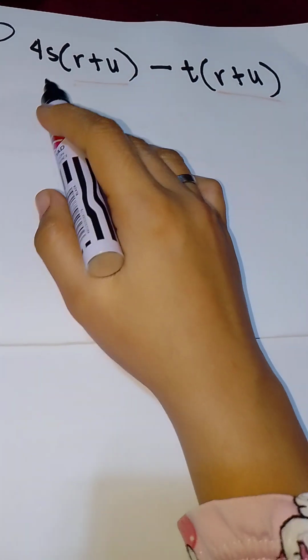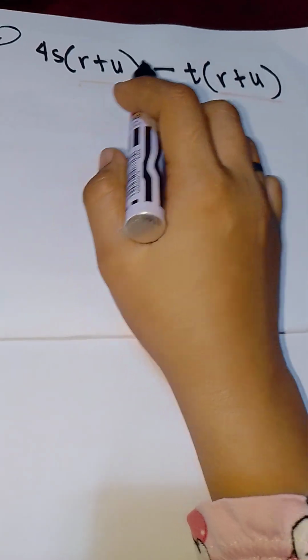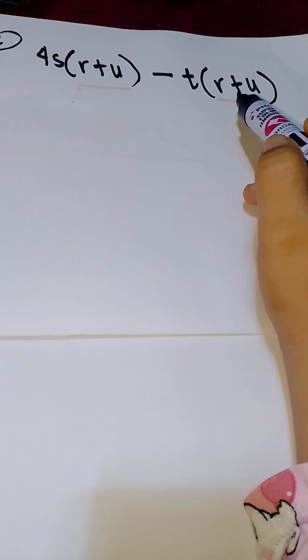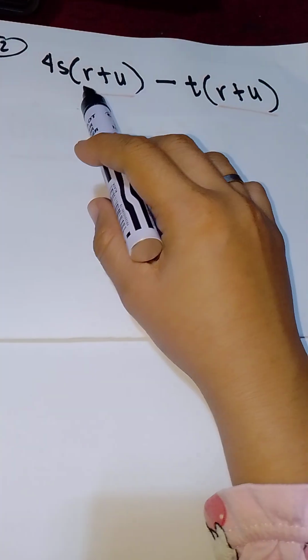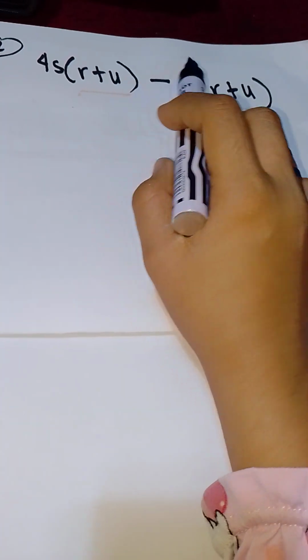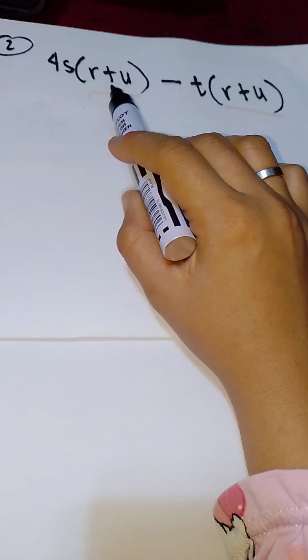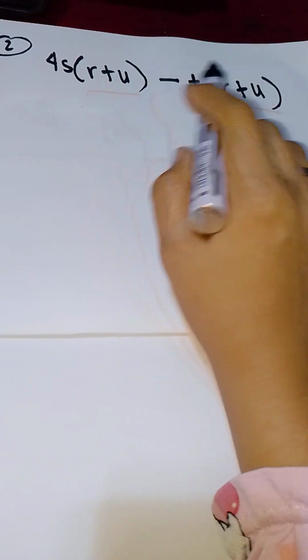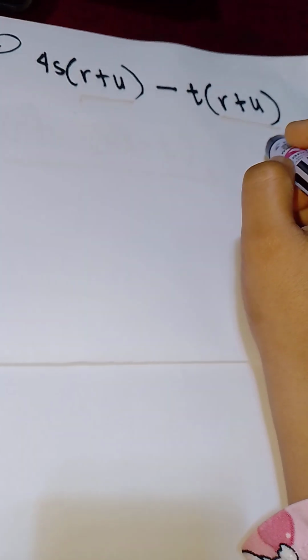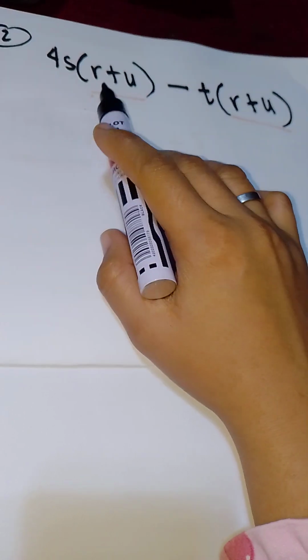Next example, now let's have another example. 4s multiplied to r plus u, minus t multiplied to r plus u. As you can see here, we have r plus u as our binomial common factor.